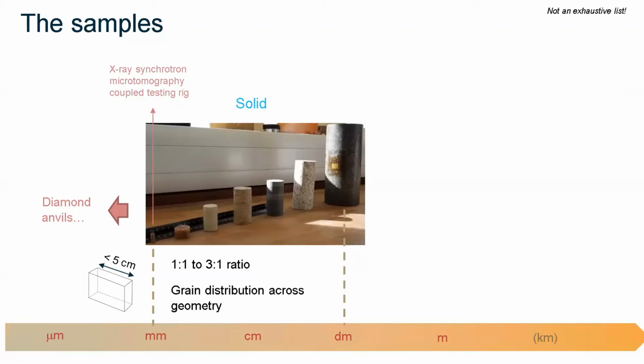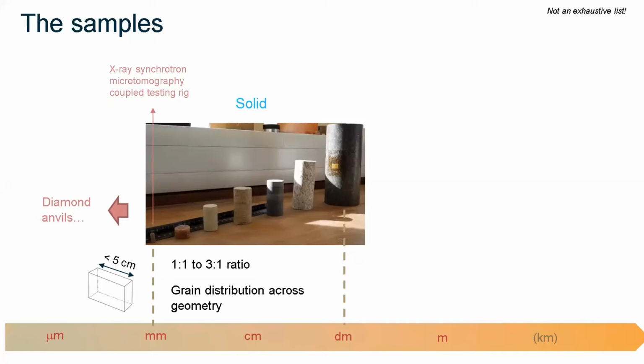And on the opposite side is the biggest sample I ever had to deal with. It's a 10 centimeter diameter sample by 25 centimeters in length. And this is one of the biggest samples that we tend to have in a rock deformation lab in general.